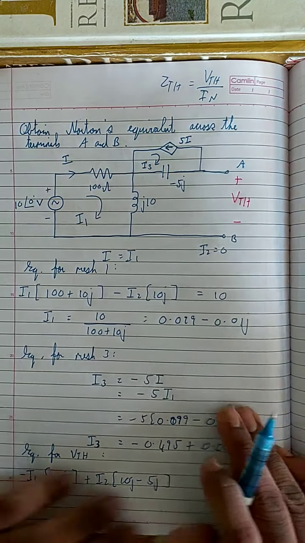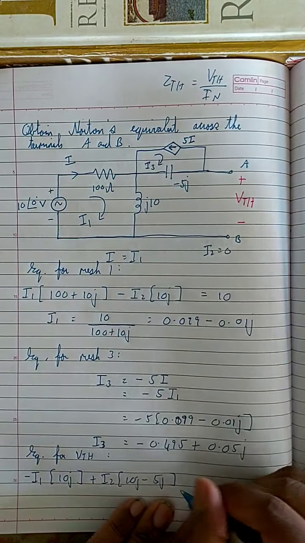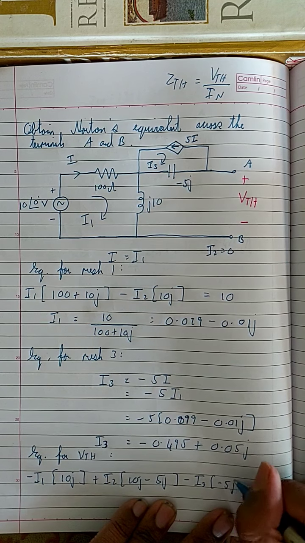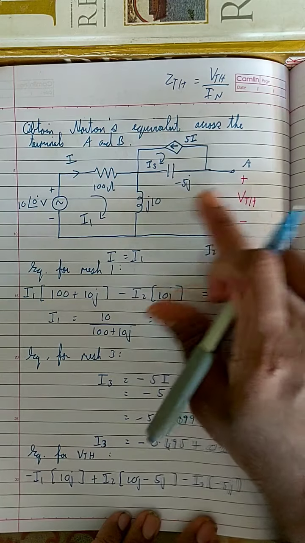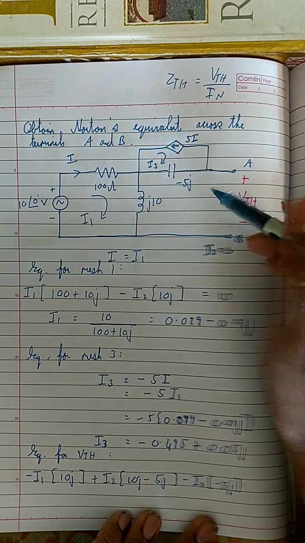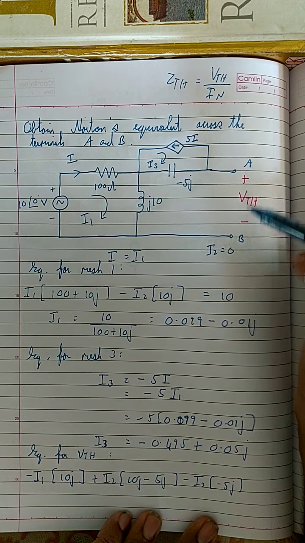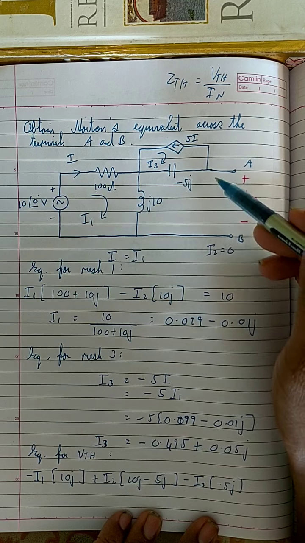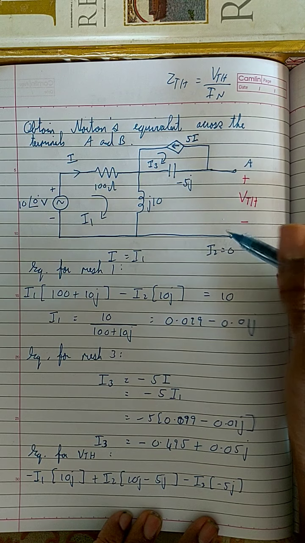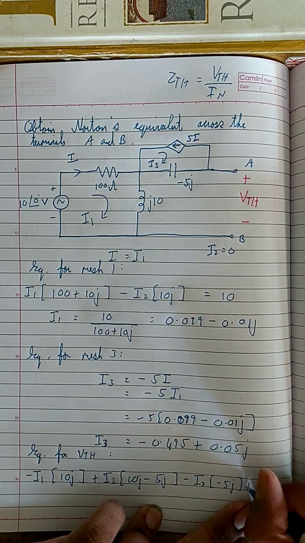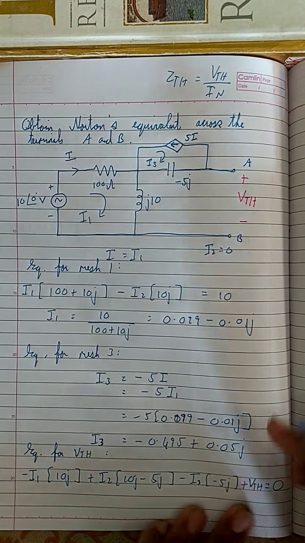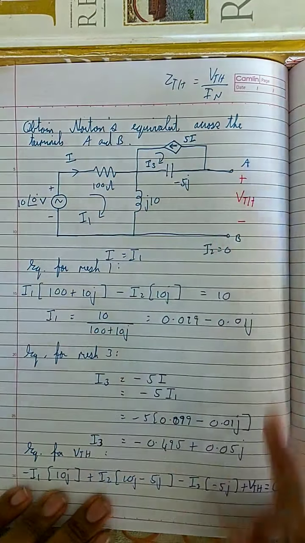And I3 is touching only this capacitor, so it's minus I3 into minus 5J. Then we have the voltage potential VTH. Since I2 is flowing from the higher potential to a lower potential, it is plus VTH, equal to 0. There's no voltage source anywhere over here, so it is equal to 0.